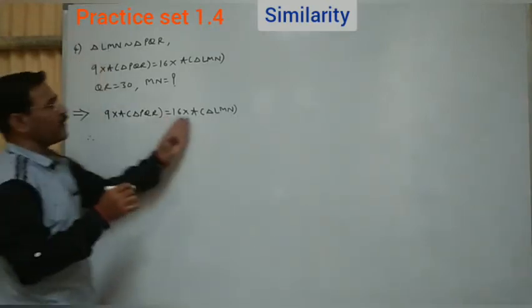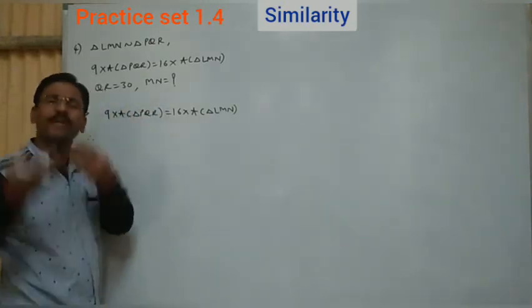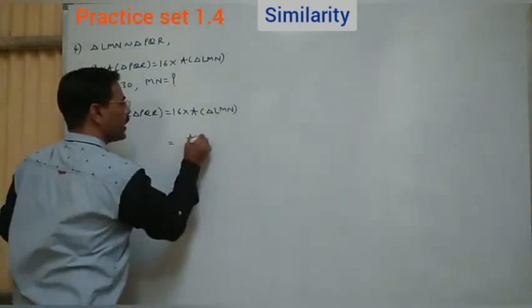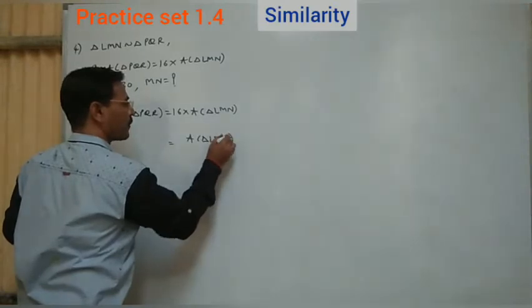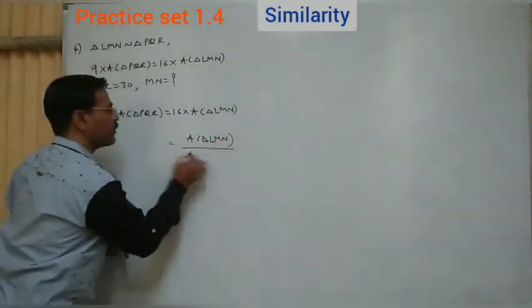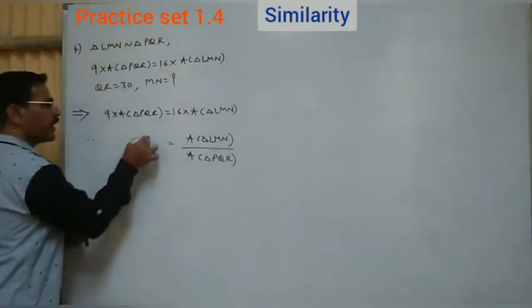So, that LMN should be written here in numerator. You can write in denominator also, but I'll write in that form. So, see here, keep this area of triangle LMN here only. Okay? Now this side, area of triangle PQR goes to that side, which will go in denominator. Here, this already 9 is there.